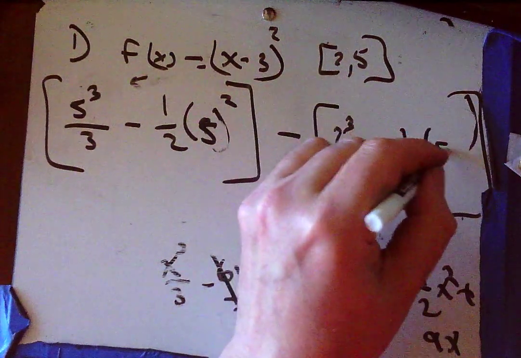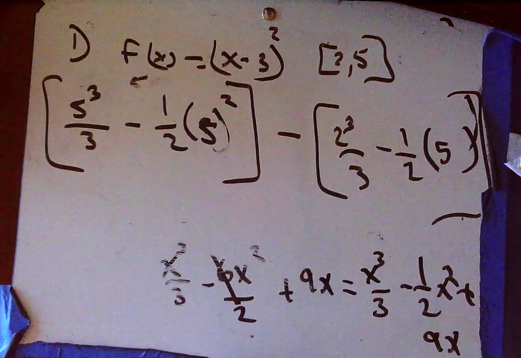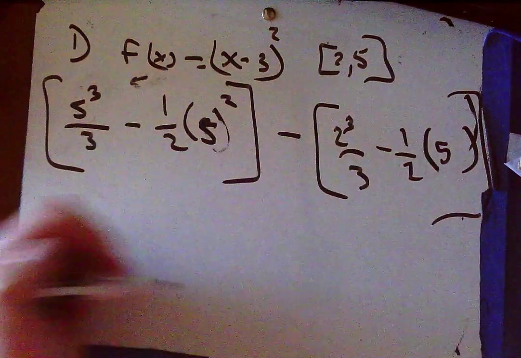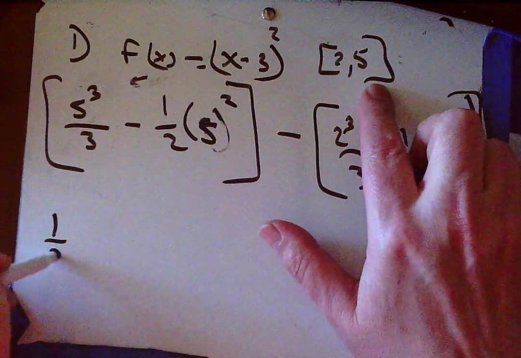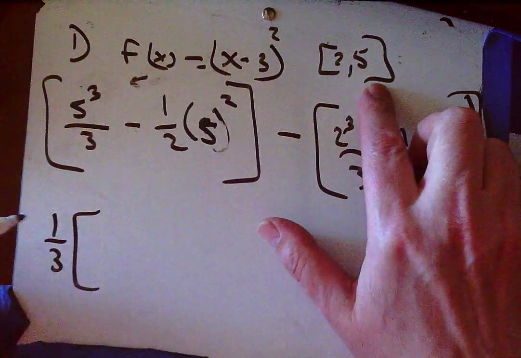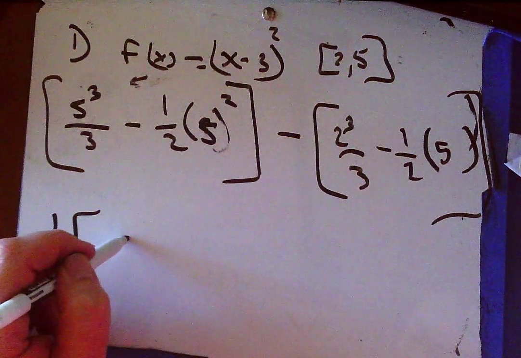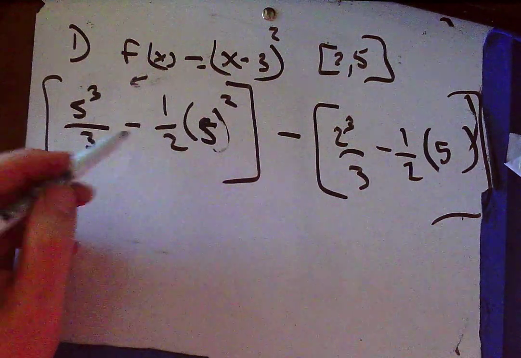Five. All right, I think that's average value. Did we do 1 minus 3 here? Integral and derivative.